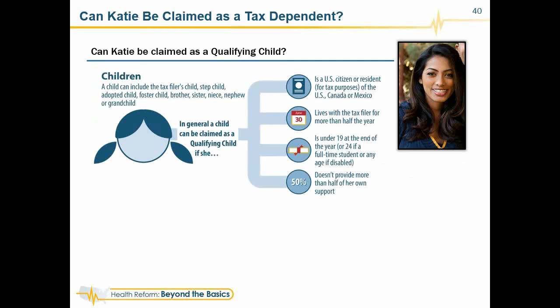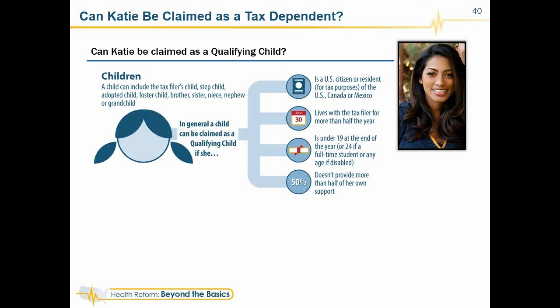So first we need to figure out, they're all uninsured, they're all looking to you for help. So first we need to figure out if Katie is going to be a dependent. And you're familiar with these definitions now of dependency. You ask Priya and Jay, are you going to claim Katie on your tax return? And they look at you with question marks in their eyes, and so you need to go through all the questions.